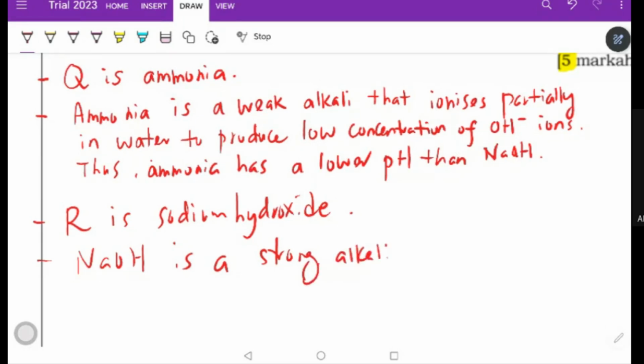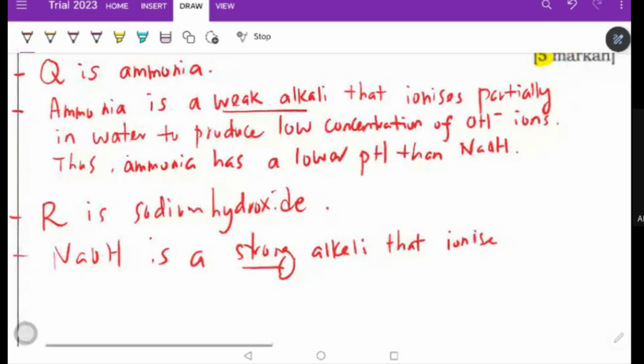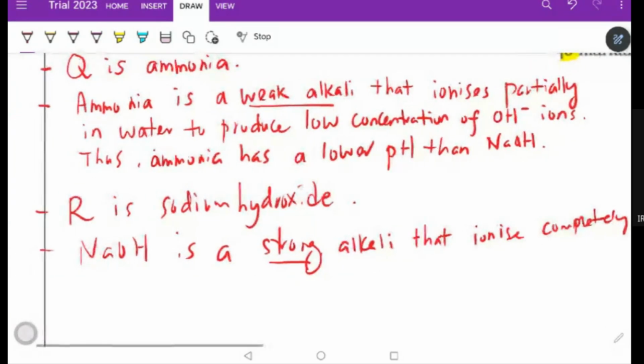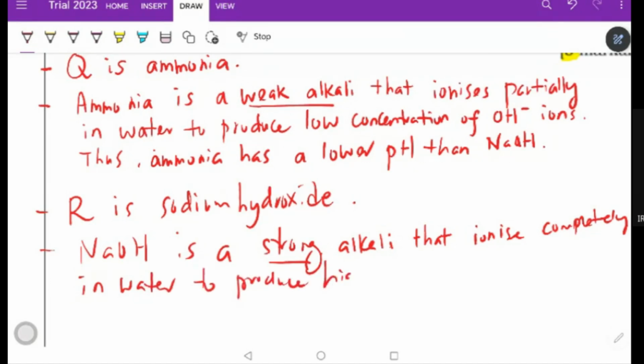alkali. If you can remember this part, then this one is reverse. Ionized completely in water to produce high concentration of hydroxide ions.